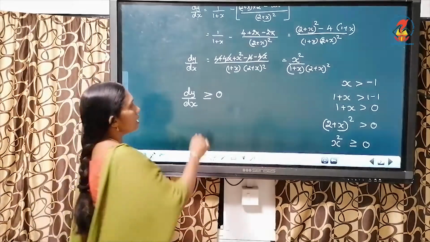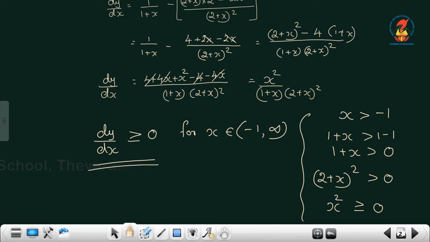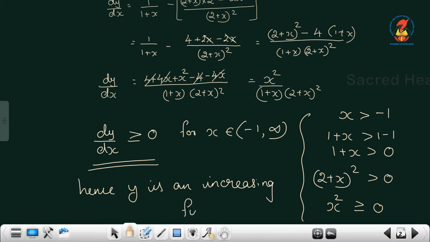So we can conclude dy by dx is greater than or equal to 0 for each x belonging to -1 to infinity. Hence y is an increasing function. So, we proved.